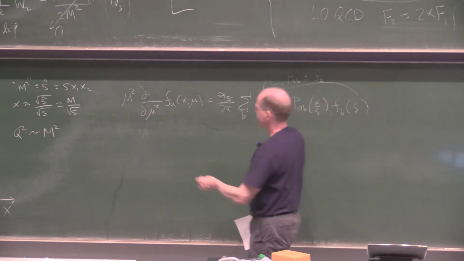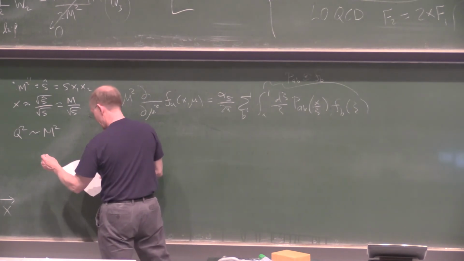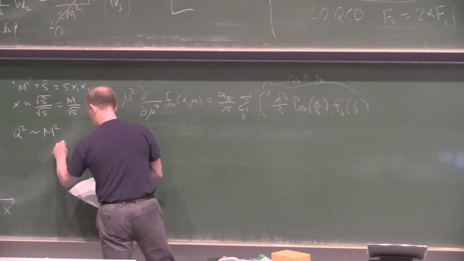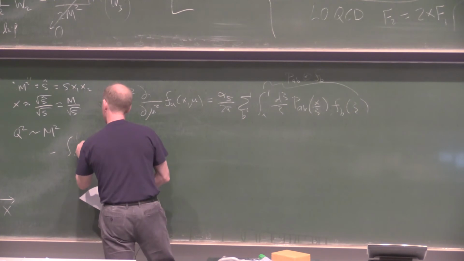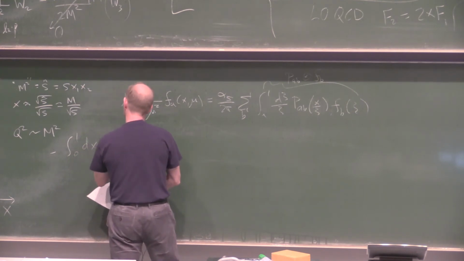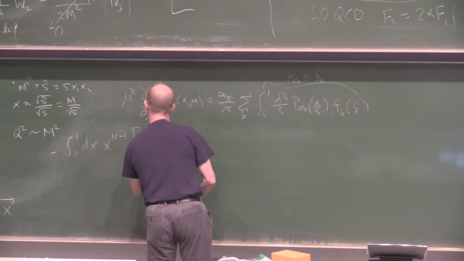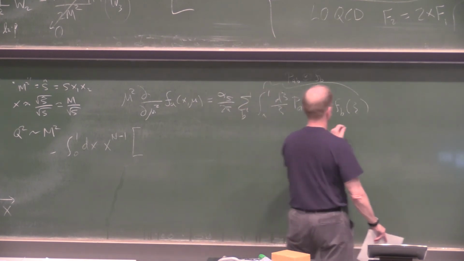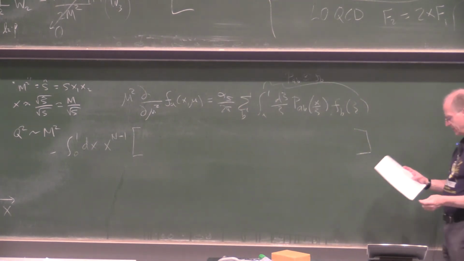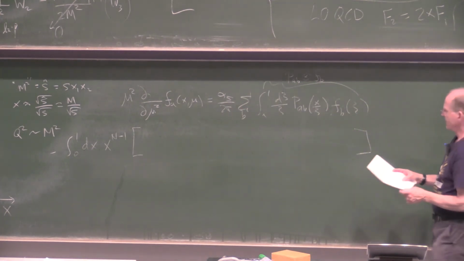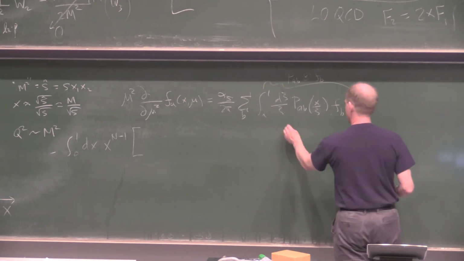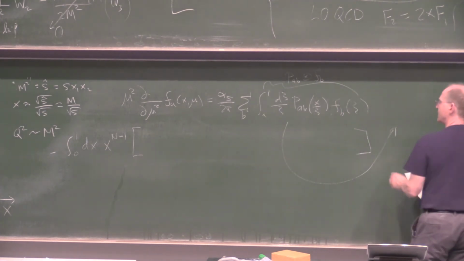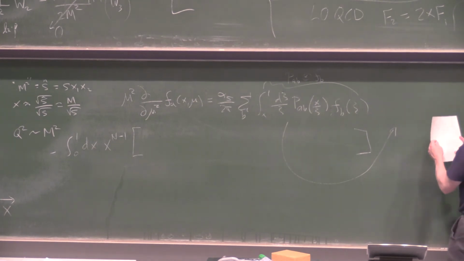Let's take this equation here and let's act on it by integrating from 0 to 1 dx x to the n minus 1 of this. And let's see what we get on the right-hand side when we do that.